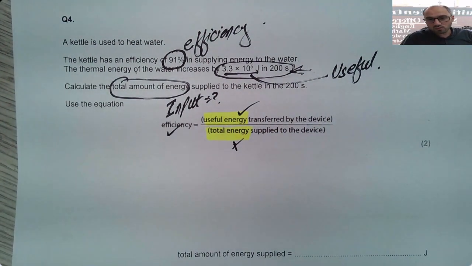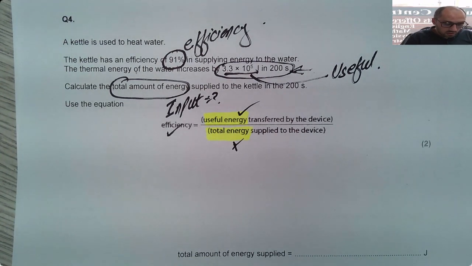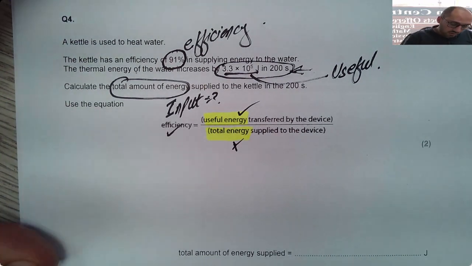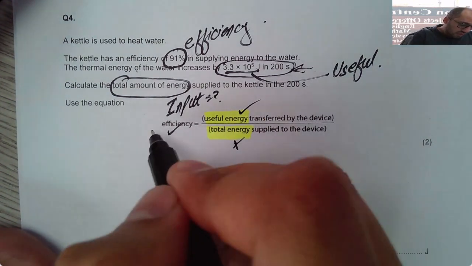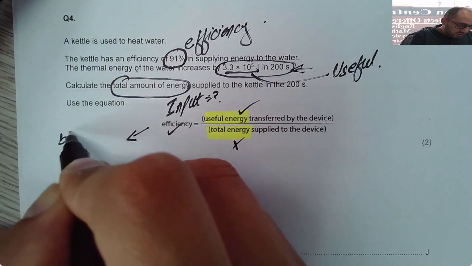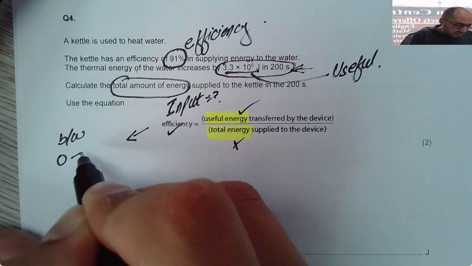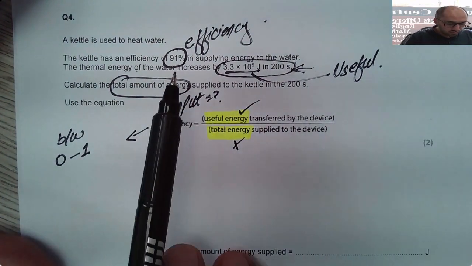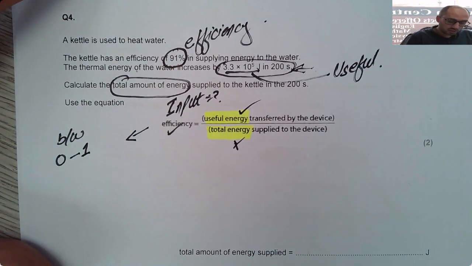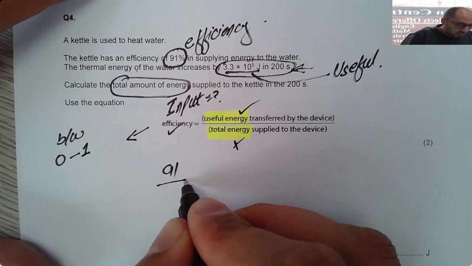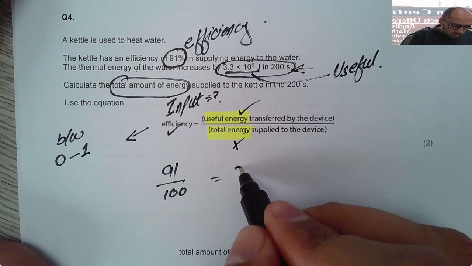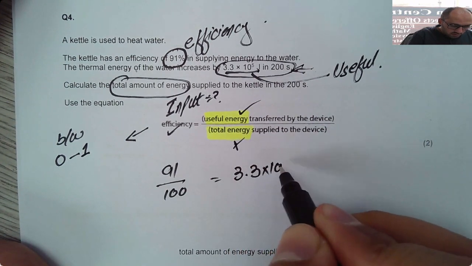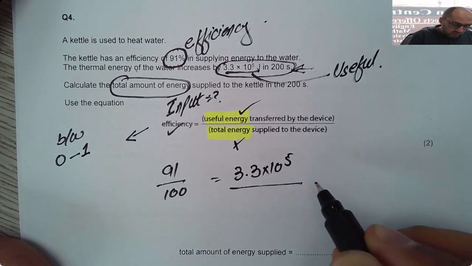So what we need to do now is plug the values in. But before I plug in the values, because this is a ratio, efficiency will be between 0 and 1. So we can't use a value of 91. We'll have to change it. So it will become 91 over 100 equals useful, which is given to us as 3.3 times 10 to the power of 5, divided by total, which is not known.